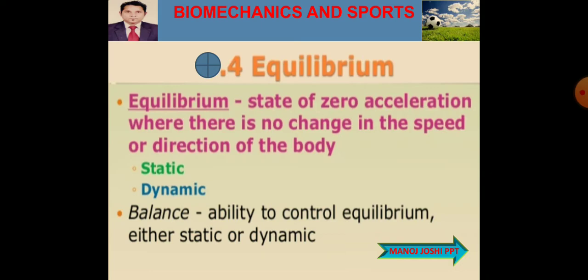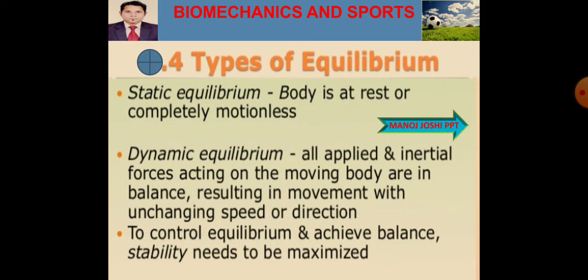Static equilibrium we will see first. The body is at rest or completely motionless. Static equilibrium is the equilibrium of the body when the body is at rest or completely motionless. That time when we are balancing the body is known as static equilibrium.